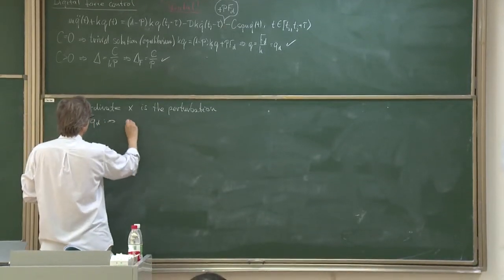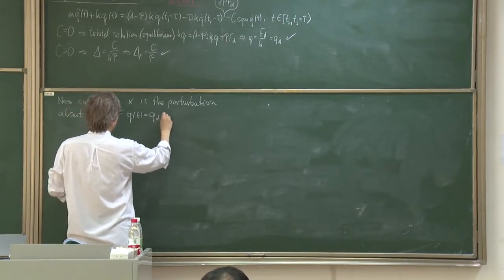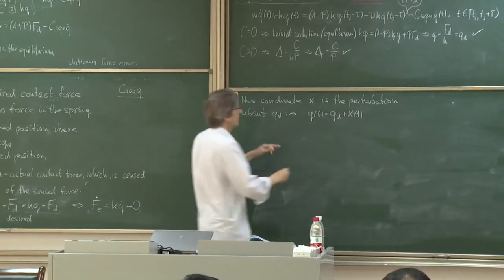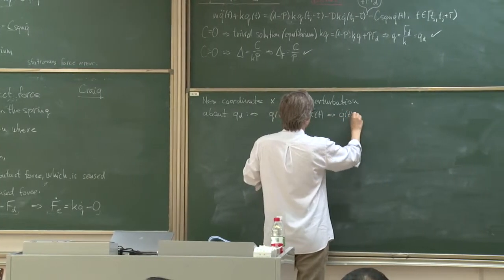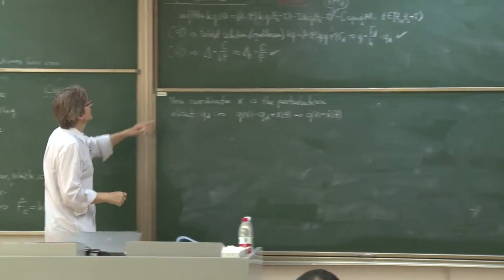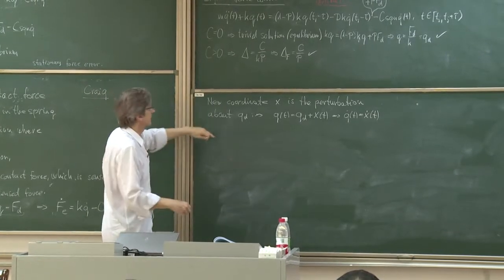This will mean that I will say that Q of t is equal to QD plus x of t. So it's the usual way as we do the linearization, which will mean also that Q dot t will be the same as x dot t, and Q double dot t will be the same as x double dot t.